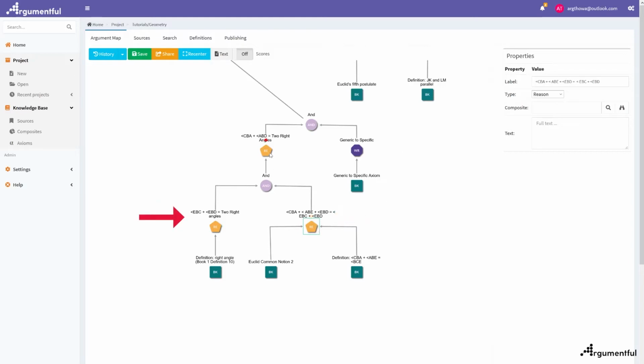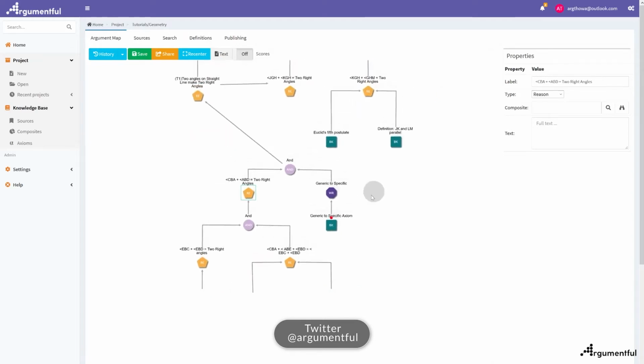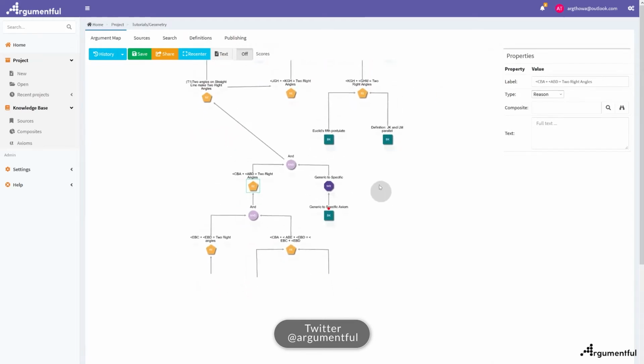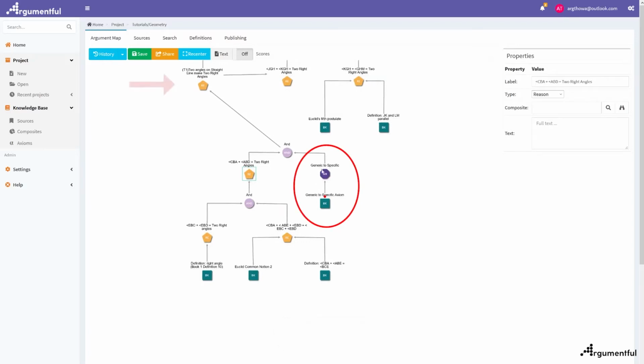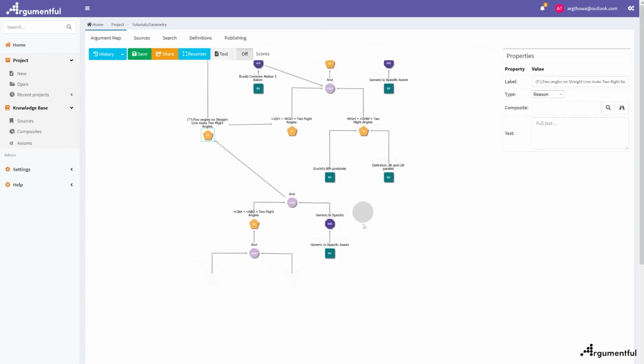But since angle EBC plus angle EBD equal two right angles, it means that angle CBA plus angle ABD equal two right angles. So, according to our generic to specific axiom, we can state that two angles on a straight line make two right angles, which proves the intermediate statement.